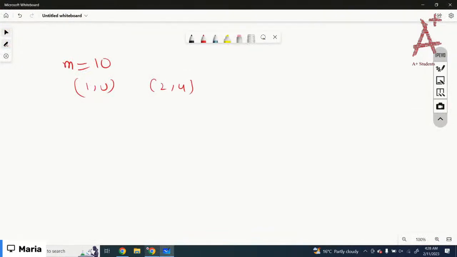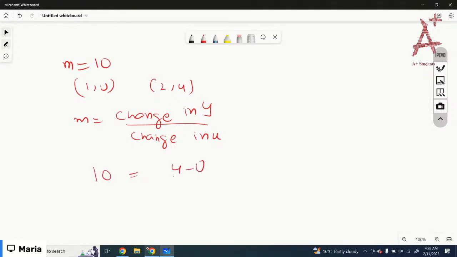Okay, just use the formula, that is m equals change in y divided by change in x. Got it? So m equals 10. Just put in all the values. Then 4 minus u divided by 2 minus 1. Got it? So 10 equals 4 minus u over 2 minus 1, and 2 minus 1 is 1. Got it? It would be 10 equals 4 minus u.